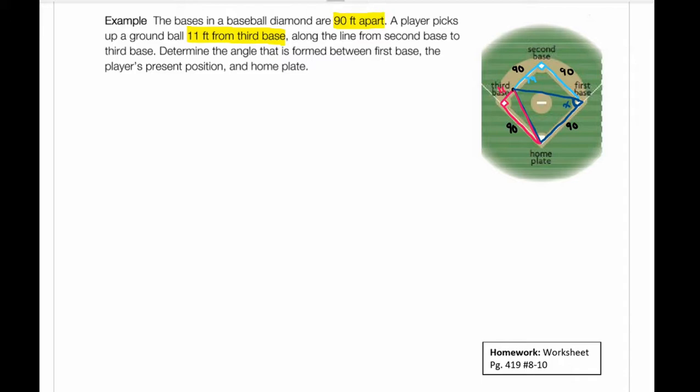So we now have a couple of triangles to work with. We have one right angle triangle here. This is the third base and home plate one. So it's 11 and 90. And I can find this missing side, which is shared with the triangle that we're dealing with.